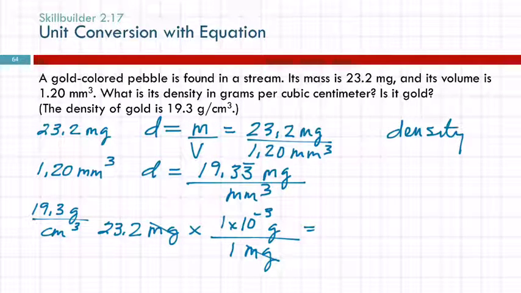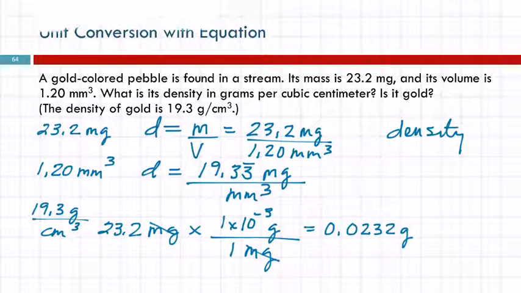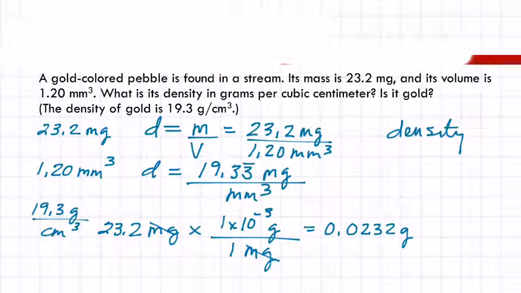And that's going to be 0.0232 grams. And then I need to convert, this is getting to be a mess. Let's pull this trick. I need a little space, so I'm just going to make some.